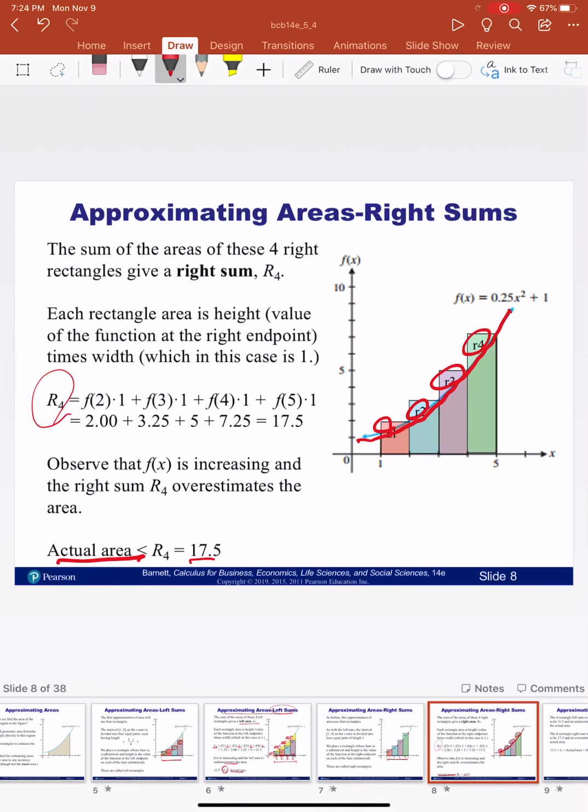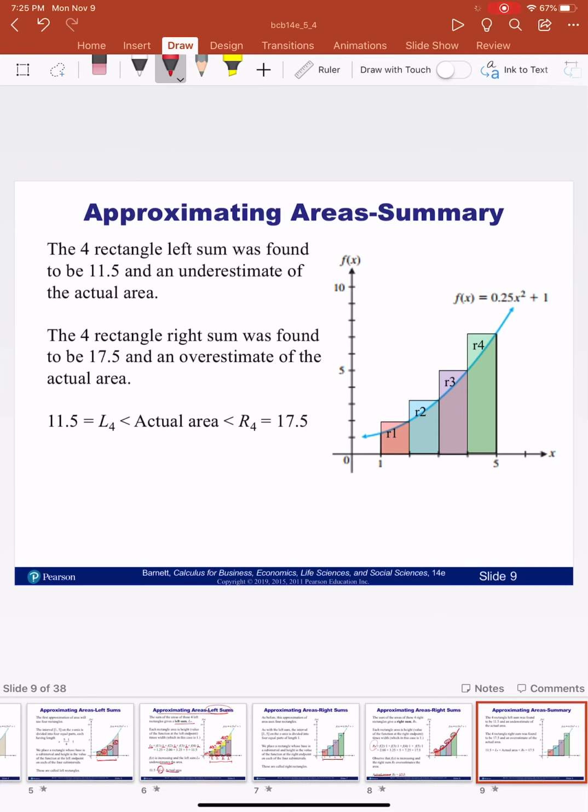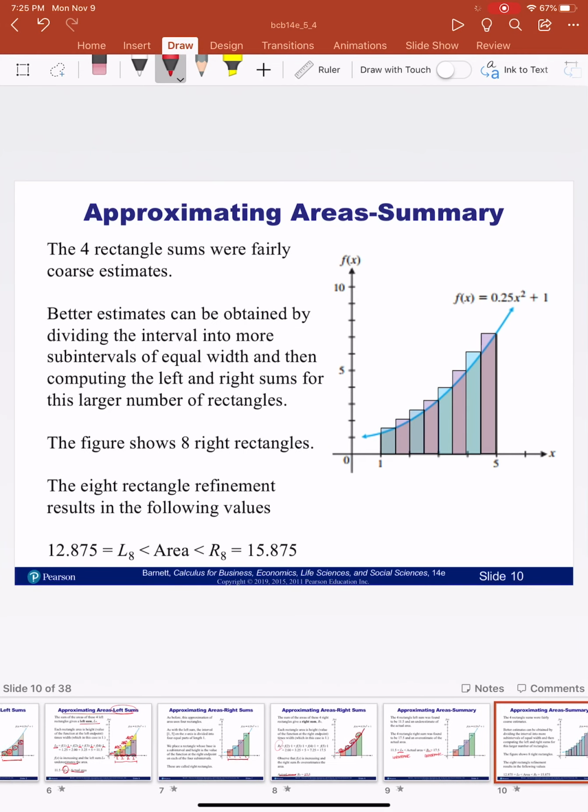So we have this approximation going on where you can approximate either left or right. If you use the left sum, you're underestimating, and if you use the right sum, you are overestimating. That's the concept that we are going to take.